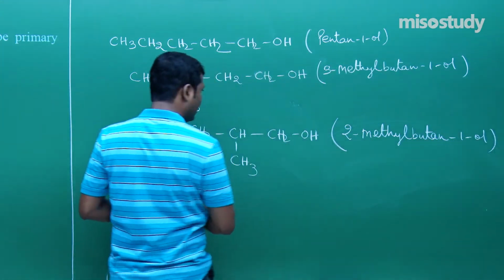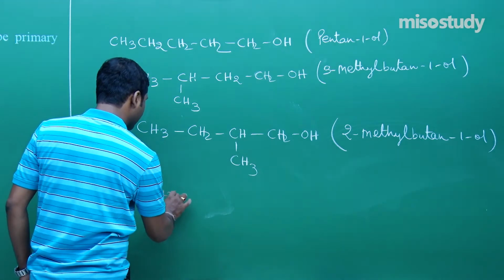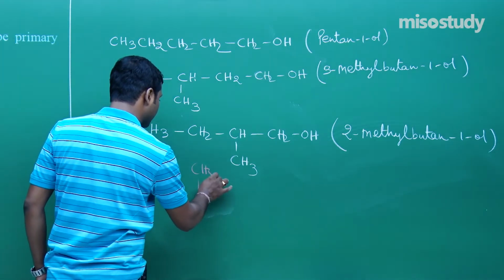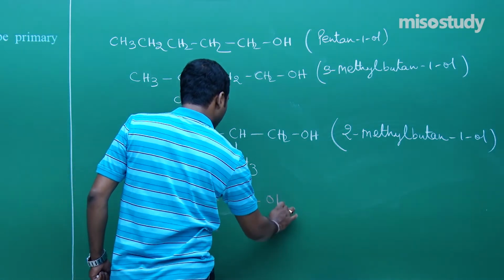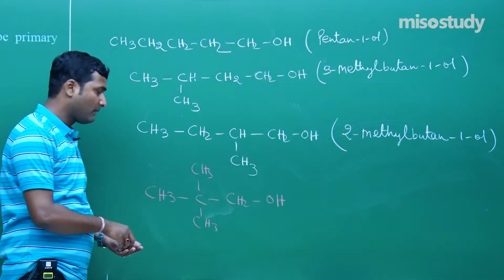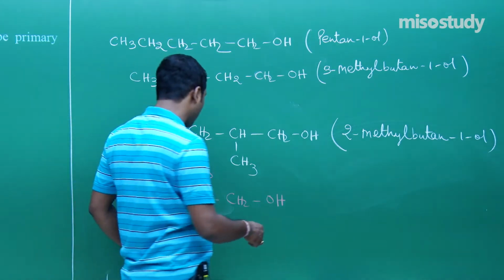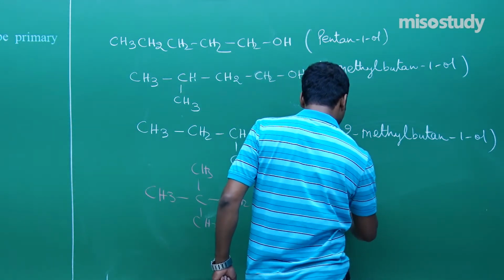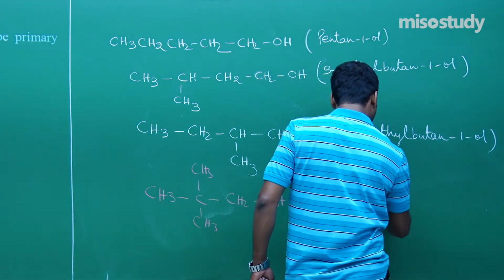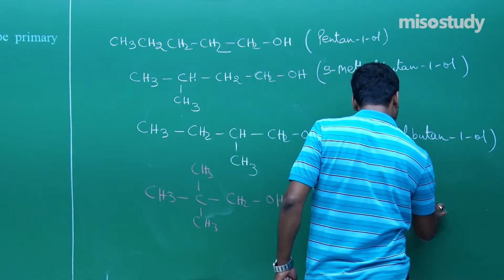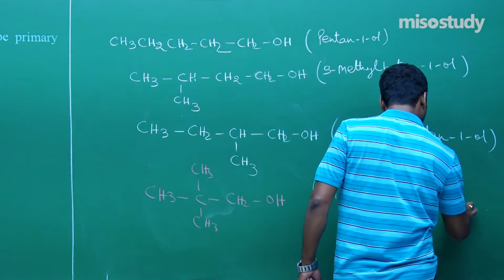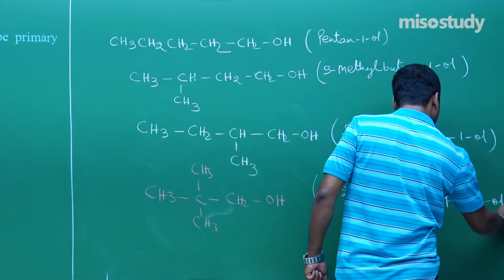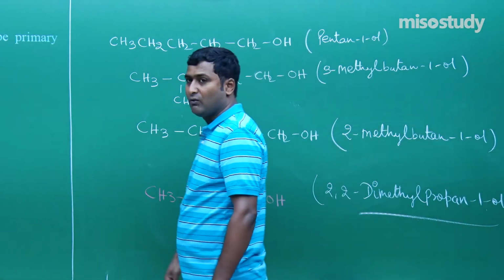Now if I write like this, CH3, then C, put here CH3, put here CH3, then CH2, then OH. Clear? Now write down the name of this compound, that is 2,2-dimethyl propane 1-ol. 2,2-dimethyl propane 1-ol.